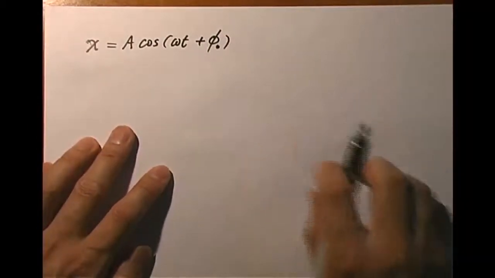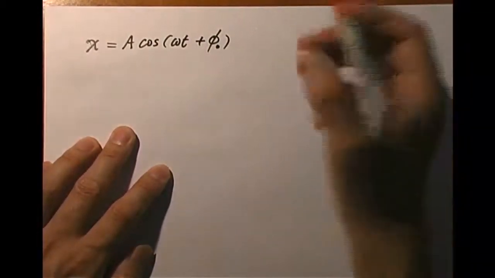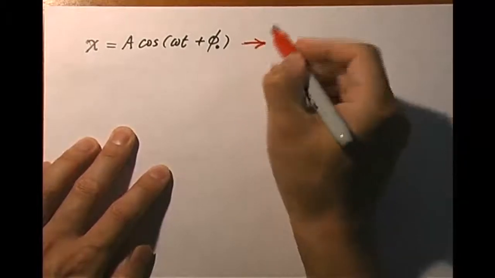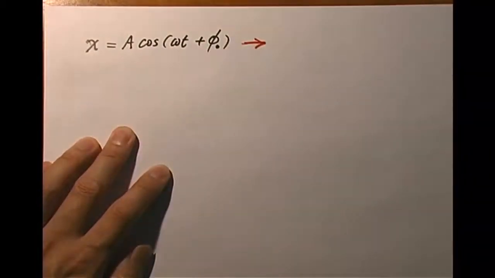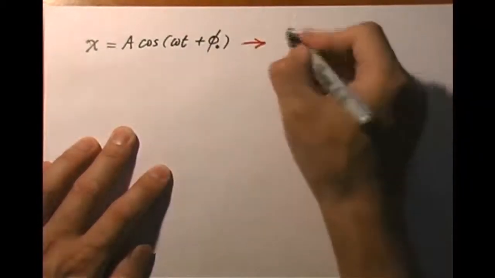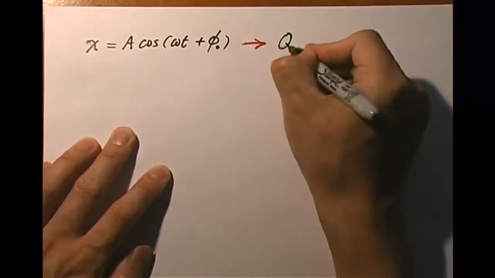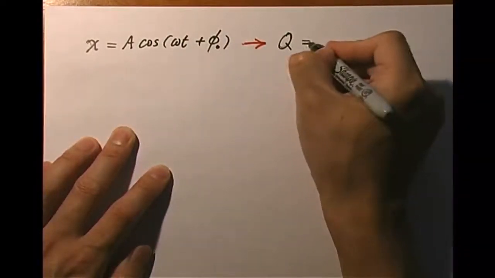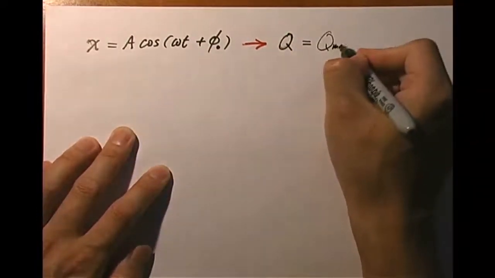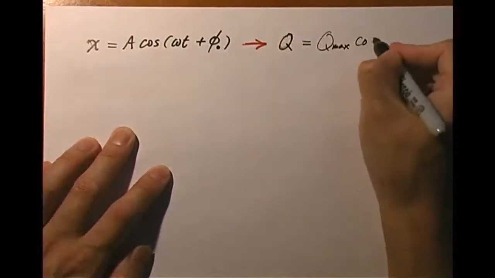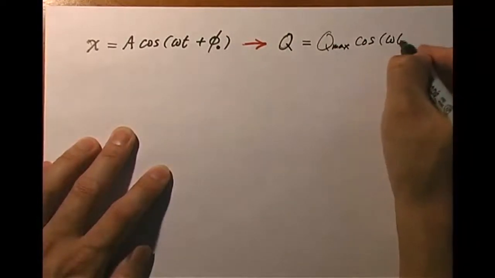Translating that to the electromagnetic case, what do we have? We're not going to start over again. We're just going to use the correspondence. X becomes what? Q, right? So Q as a function of time is now what? Instead of A, which is the maximum value of X, I have Q maximum, right? Q max. And then what? Cosine. Also omega t plus phi naught.